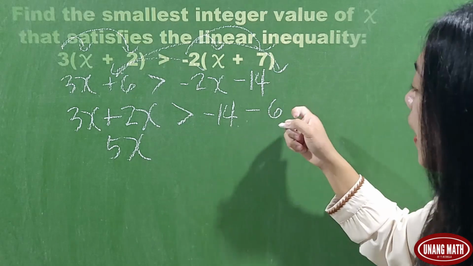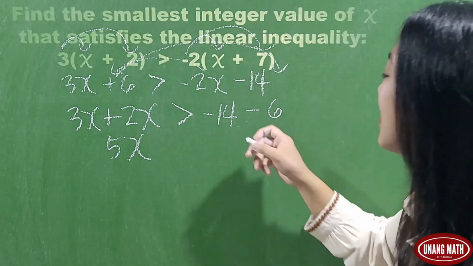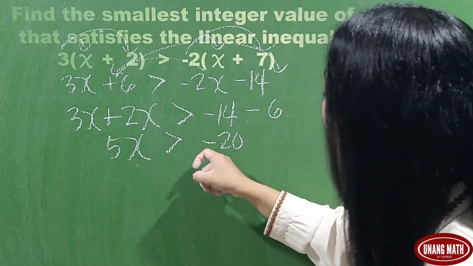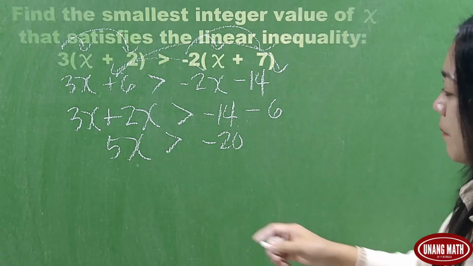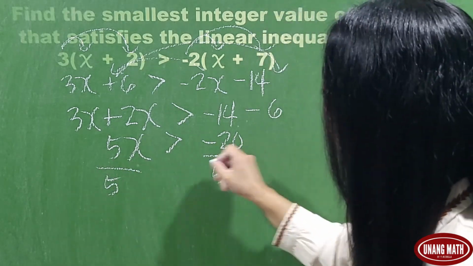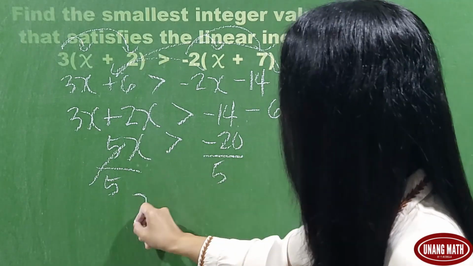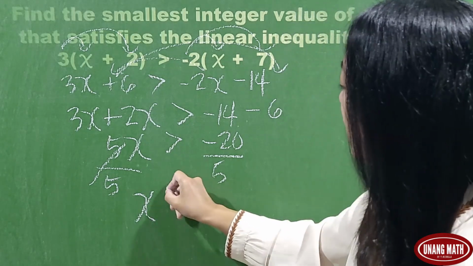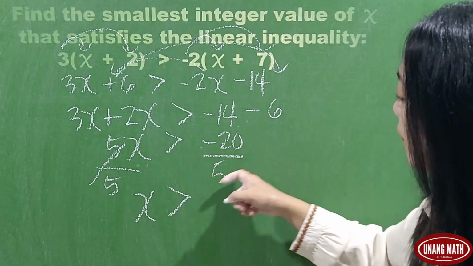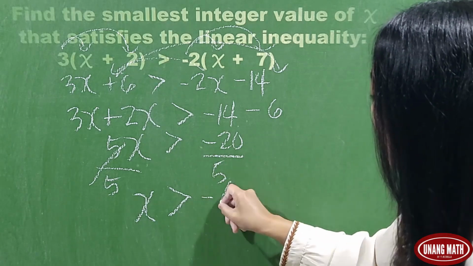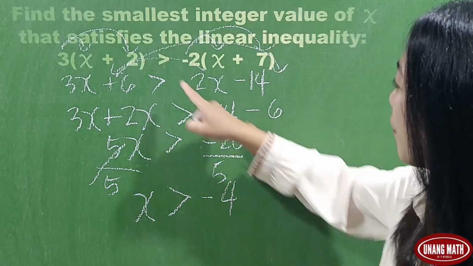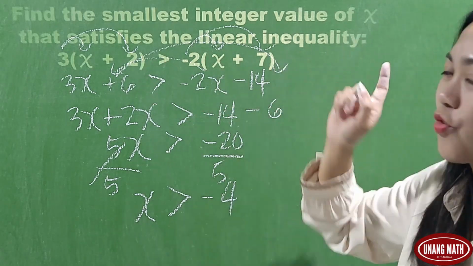Negative 14 minus 6 is negative 20. So 5x is greater than negative 20. And to find x, divide both sides by 5. Okay, simplify. x now must be greater than negative 20 divided by 5, which is negative 4. So x must be greater than negative 4 to make this inequality true.